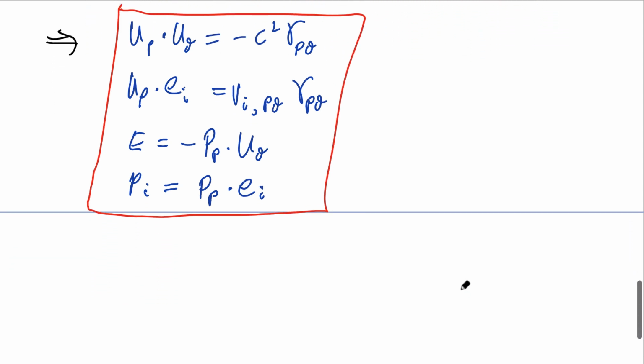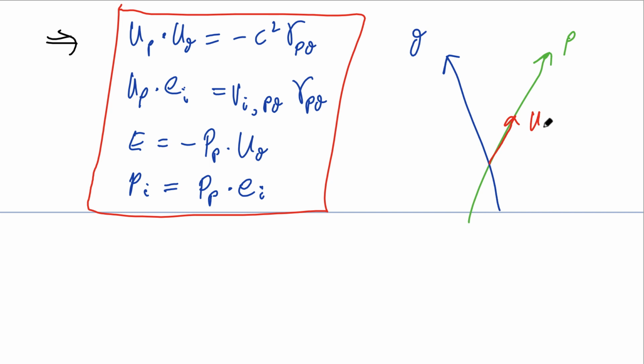Let me draw a picture to go along with this summary. So here's the particle, P, and here's the observer, O, and the particle, of course, has a 4 velocity u sub P. The observer has a 4 velocity u sub O, and the observer also carries along a set of basis vectors, E1, E2, and there's a third basis vector, E3, that I won't try to draw on this diagram, but E1, E2, and E3 are orthogonal to the observer's 4 velocity.